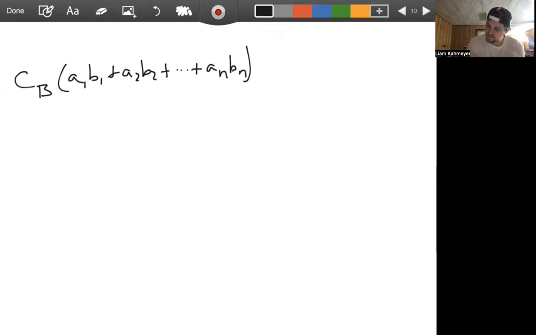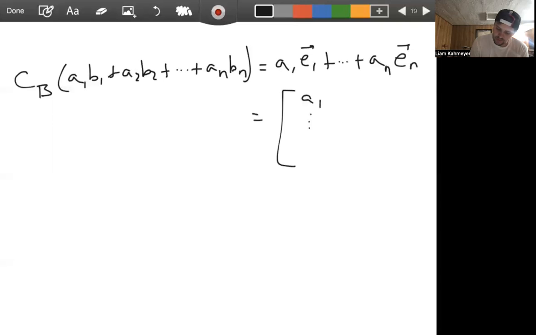We say CB of A1 B1 plus A2 B2 plus etc., plus An Bn is equal to A1 E1 plus etc., plus An En, which we really just write as the vector A1 through An.